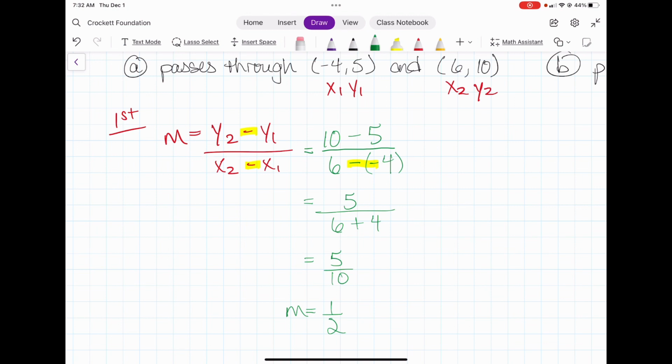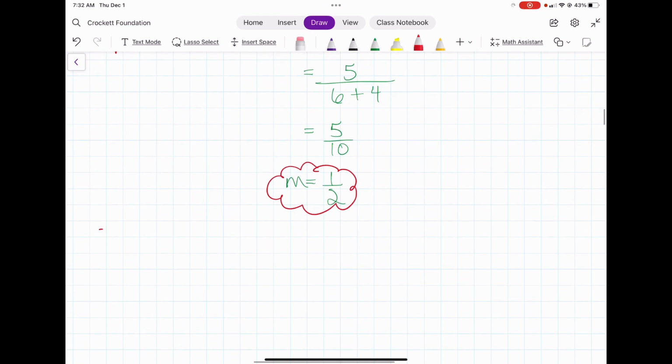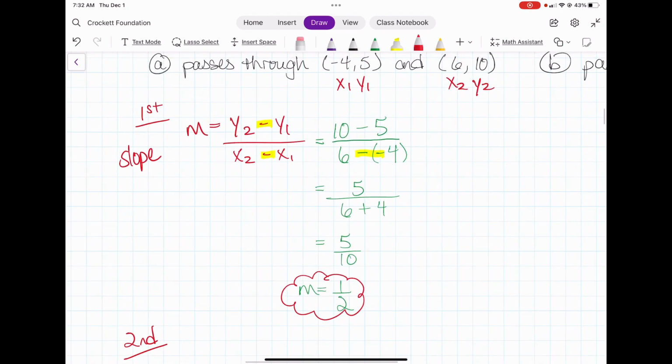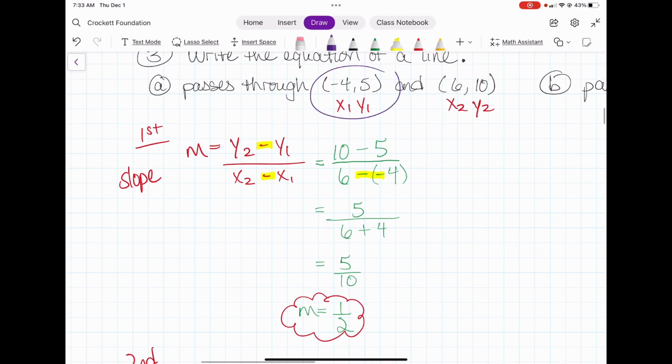Remember, we need a slope and we need a y-intercept. So we got the slope first. Now we need to get that y-intercept. So that's what I'm going to work on next. In order to get the y-intercept, I need the slope and I need one of the 2 points that were given. So I could use this point right here, or I could use the second point. It does not matter.